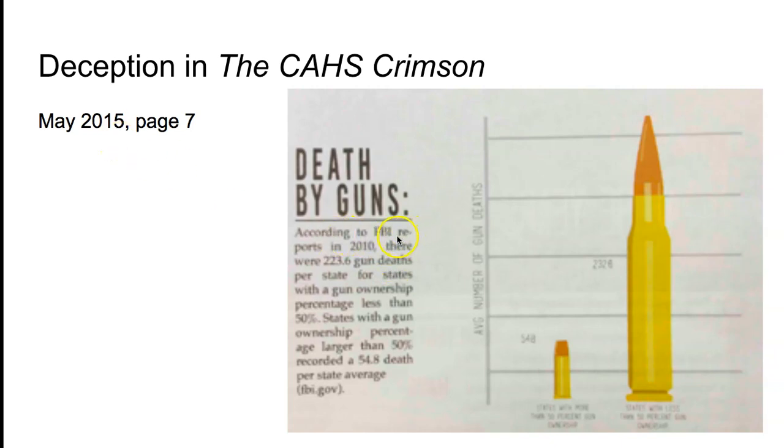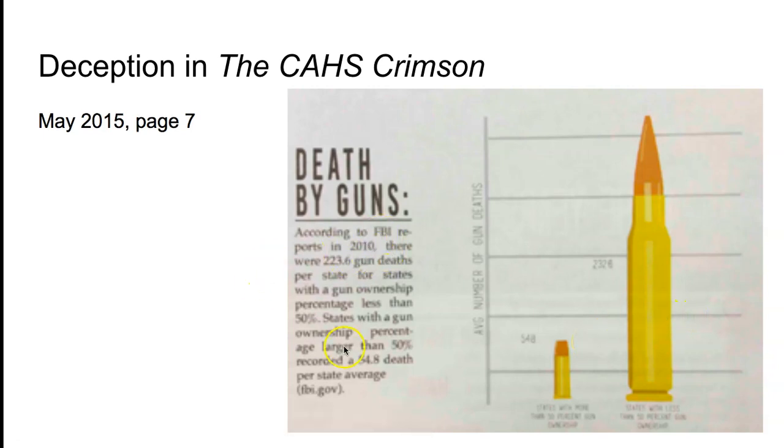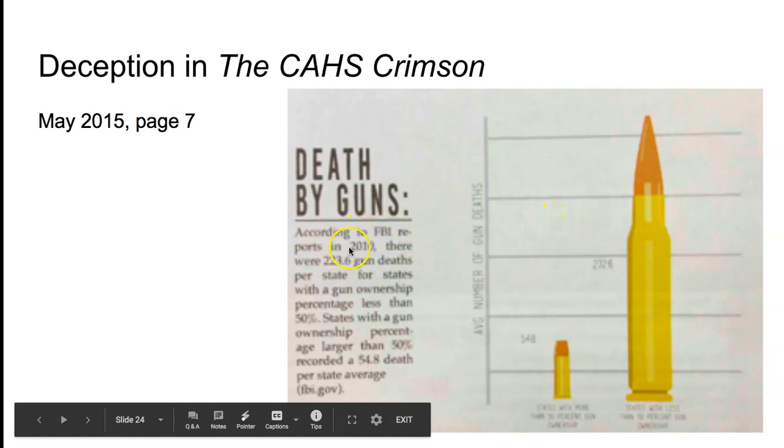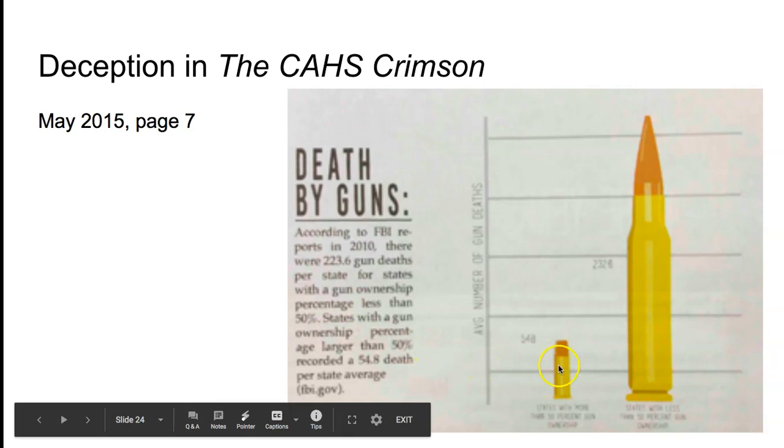But this says, according to the FBI reports in 2010, there were this many gun deaths per state for states with gun ownership less than 50%. So not a lot of gun ownership. And then this one, that's states with gun ownership larger than 50%. And they only recorded about 55 average deaths per year.